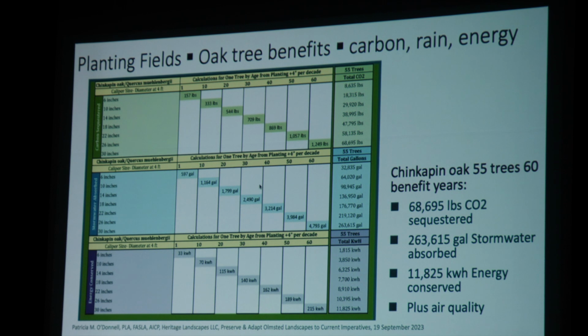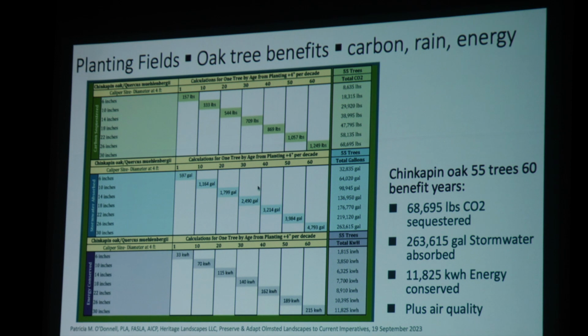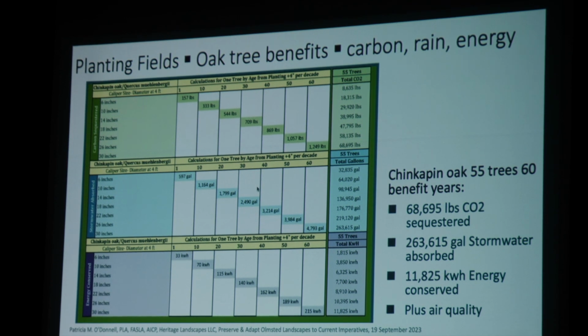At Planting Fields, these oak tree benefits can be calculated. These are on the Arbor Day tree calculation website. You provide your caliper inches and you look at your tree type, and it gives you the calculations for carbon sequestration, for gallons of stormwater absorbed, and for the benefits of the shade in terms of conserved energy.